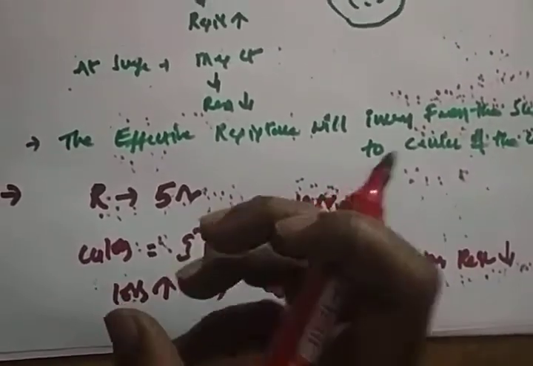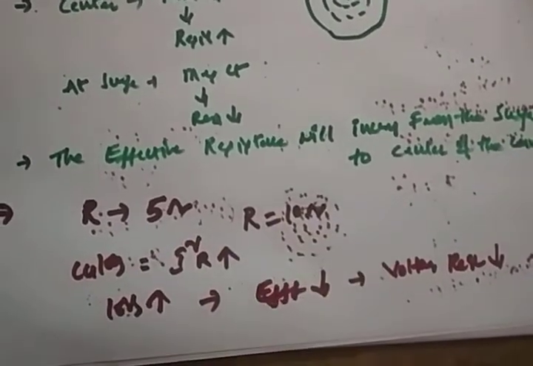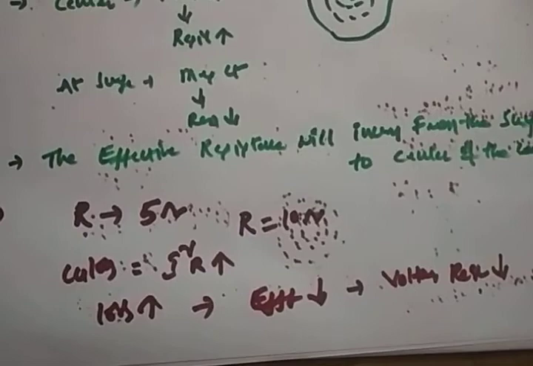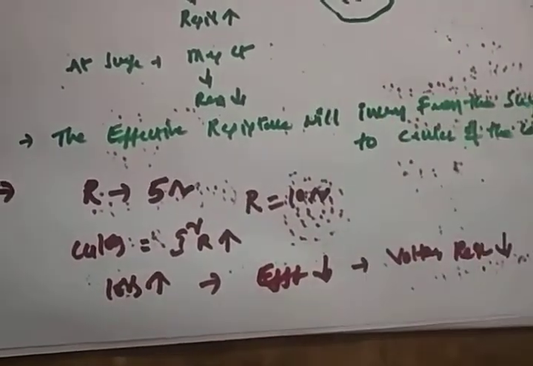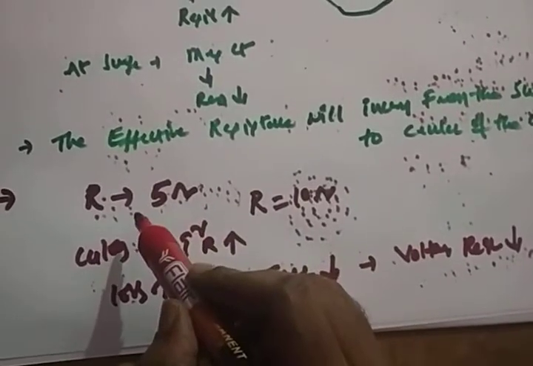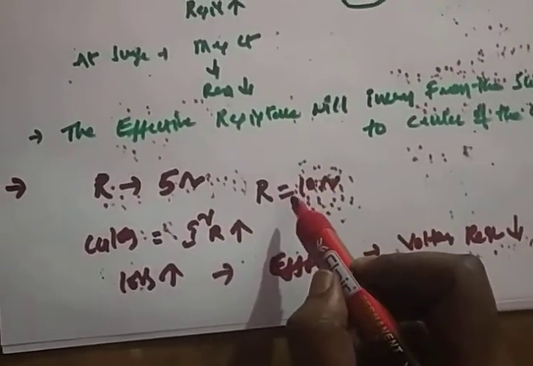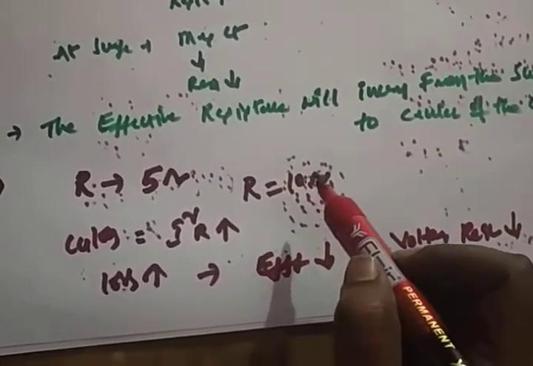So while skin effect is considered in a transmission system, these are the effects that we need to take care of. If the skin effect is present, the effective resistance will increase. This is before the power is transferred. When power is transferred, the resistance value will increase due to the unevenness of the current.